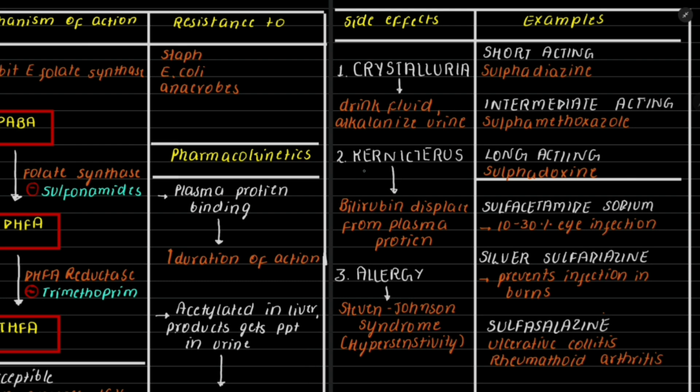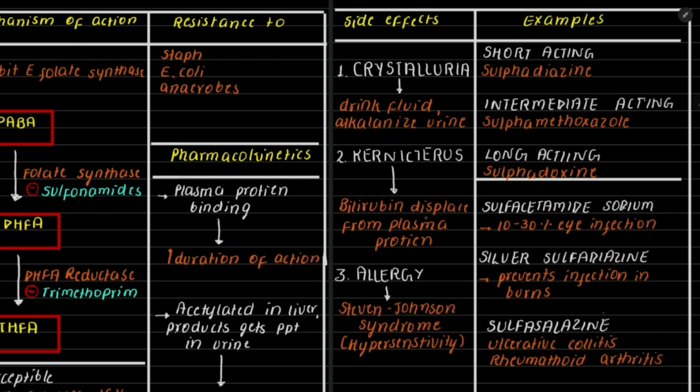The second side effect is kernicterus. Bilirubin is also another compound which is highly plasma protein bound. Now, if we give another highly plasma protein bound substance, it is natural that something that is already bound to the plasma protein will get displaced. This is what happens in this condition.